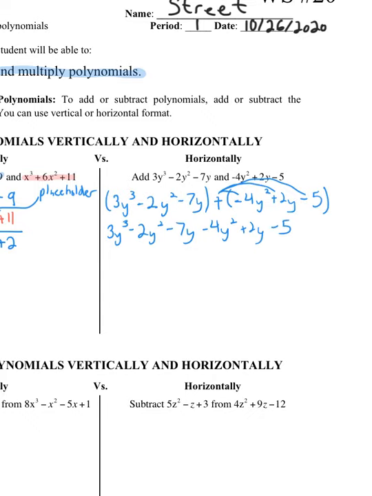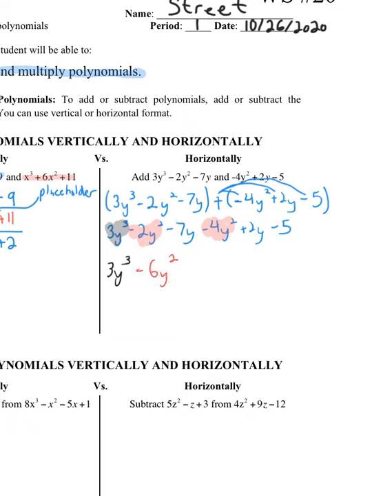But I can write this whole thing out, and now I'm just going to combine like terms. Right here I see a 3y cubed, and that's the only 3y cubed I see. So 3y cubed. Next I see a -2y squared and a -4y squared. So that becomes -6y squared.